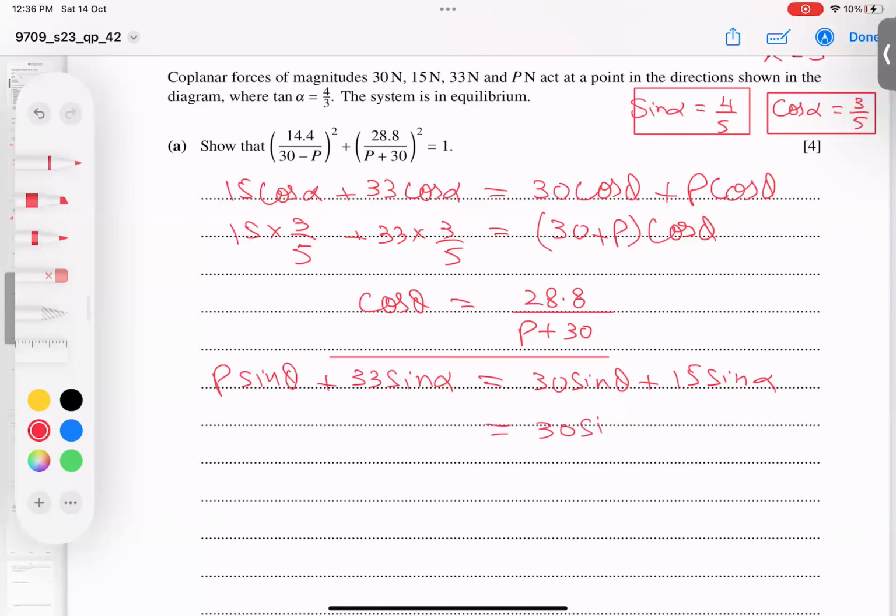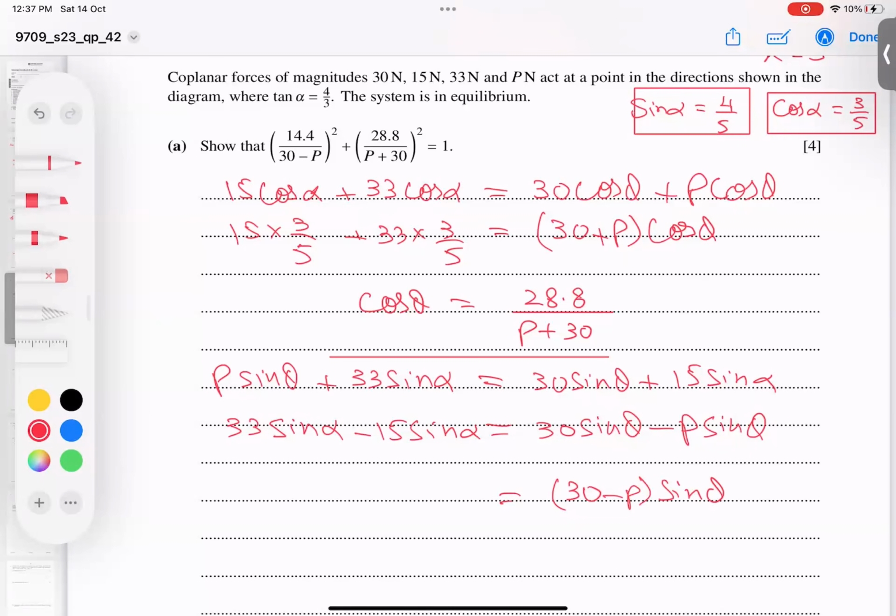So 30 sine theta minus P sine theta, and this value will go to the left side: 33 sine alpha minus 15 sine alpha. From here I can take common 30 minus P left in the bracket, and from 33 subtract 15.